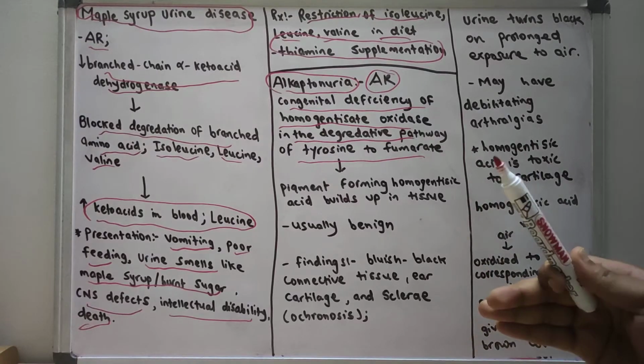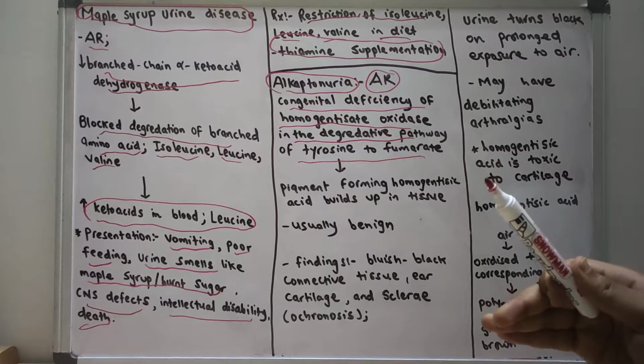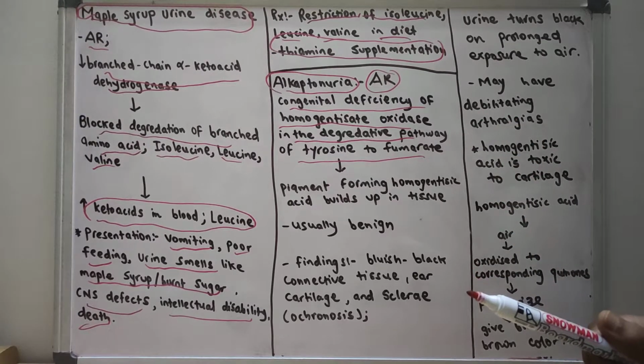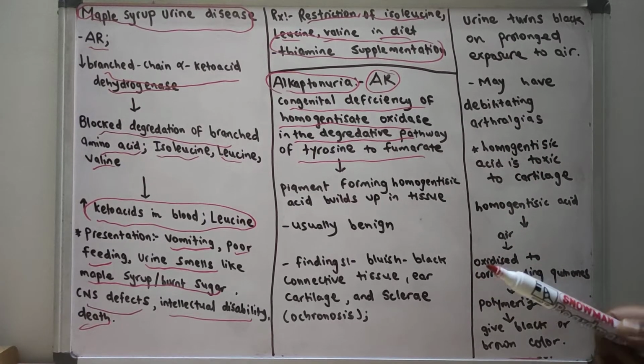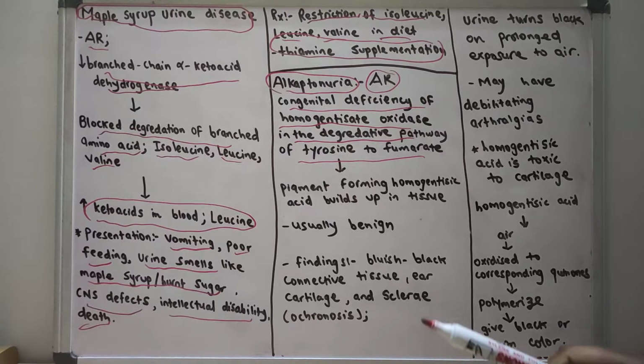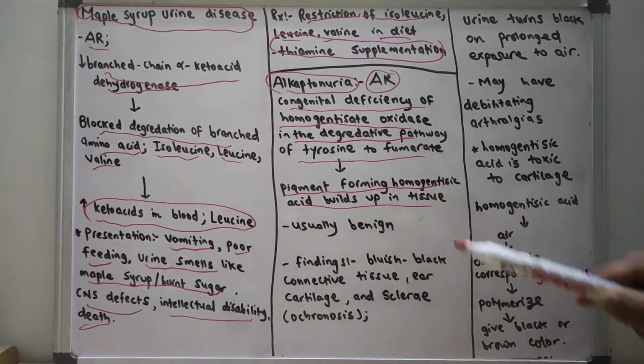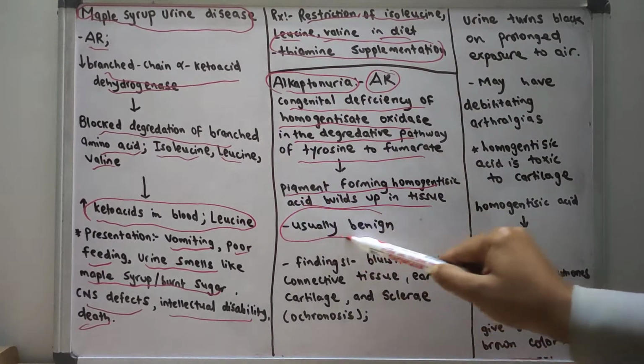This will degrade the tyrosine ultimately into fumarate, and this fumarate will take part in the TCA cycle. In alkaptonuria, there is a congenital deficiency of homogentisate oxidase. After that, the pigment-forming homogentisic acid builds up in the tissue, and this is usually benign.